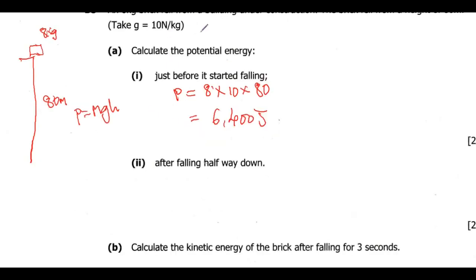It should probably be half of 6,400, since the height is now half, and that should give us 3,200 joules. Or if you make the height 40, since it's halfway, instead of 80, you're still going to get 3,200 joules.